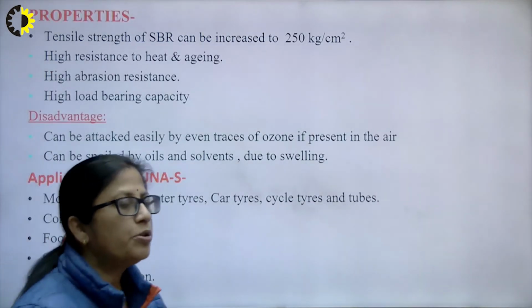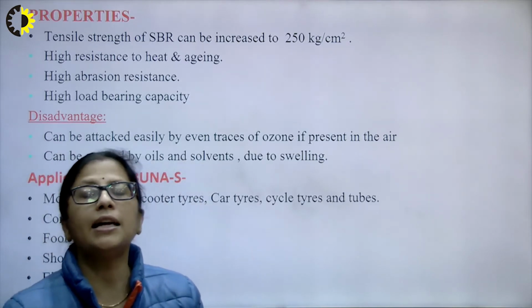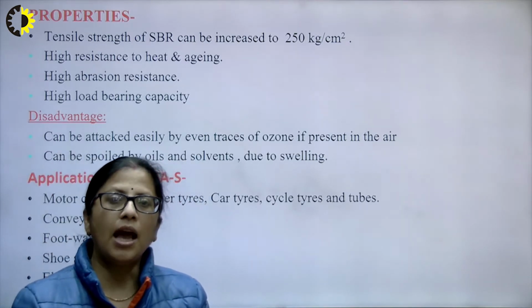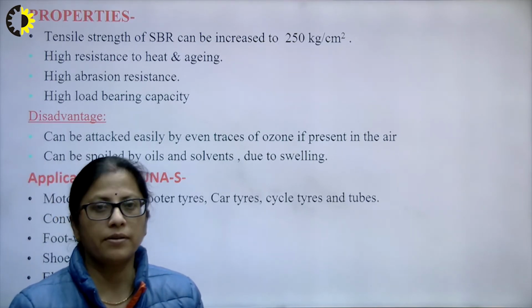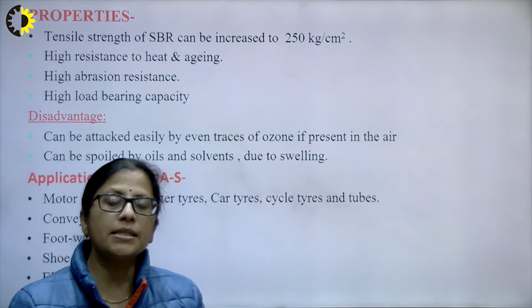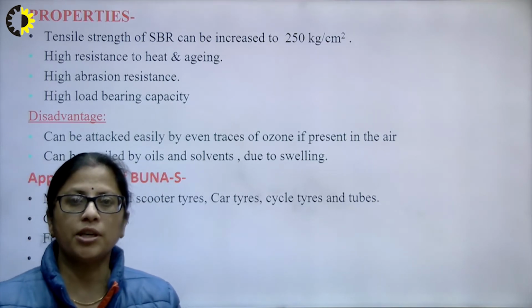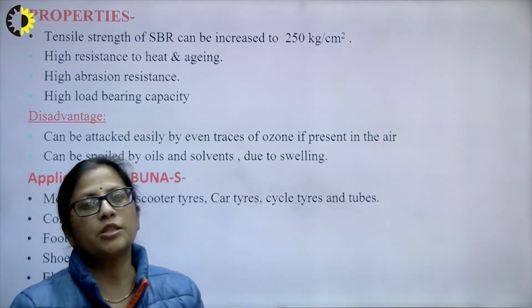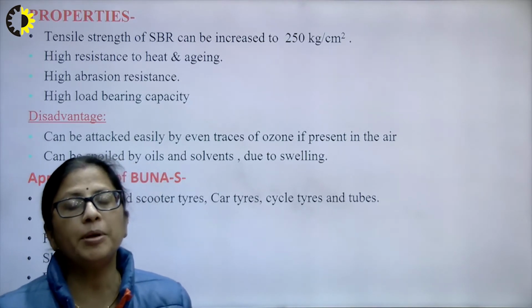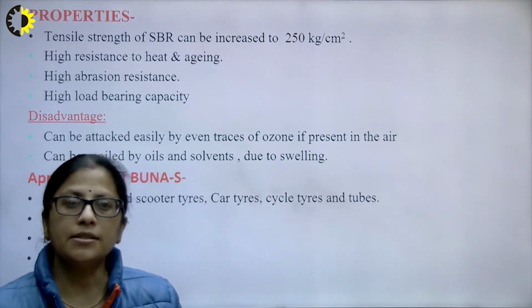Now, coming to the properties of Buna S, it possesses high tensile strength, which can be increased to 250 kg per centimeter square. It is also resistant towards heat and aging. That means it can withstand high temperatures, and we can use it for a longer period of time repeatedly. It will not age easily.